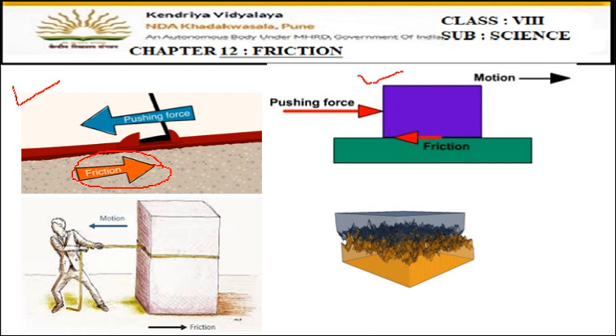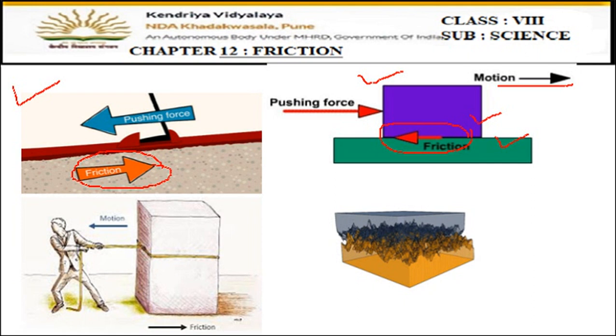From the second diagram also you can see that the force applied is in the right direction. So naturally motion will also be in the right direction, but friction is acting between the two surfaces, the surface of the ground and the surface of the box. You can see that the direction of this friction is towards the left side, against the applied force.